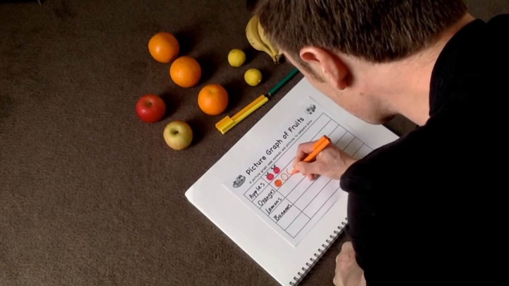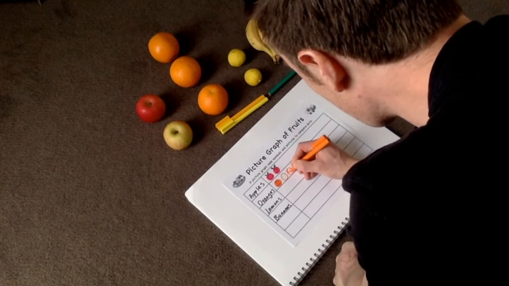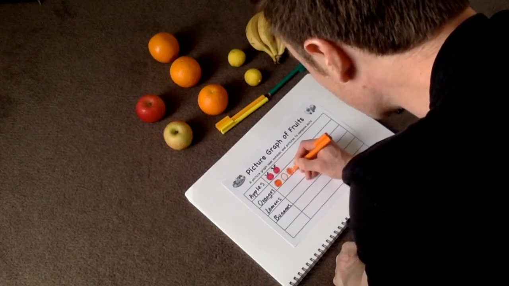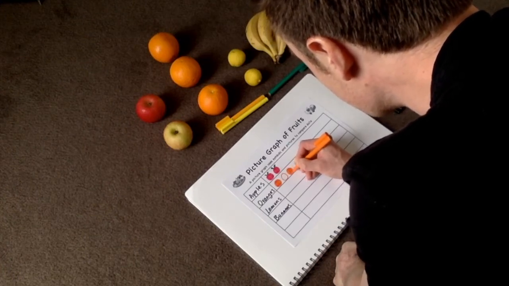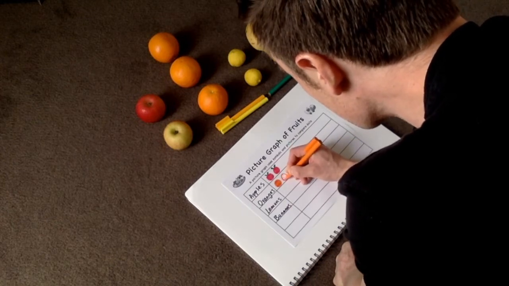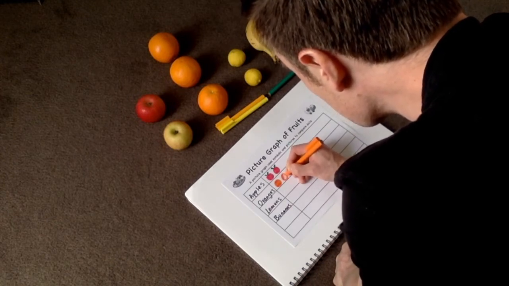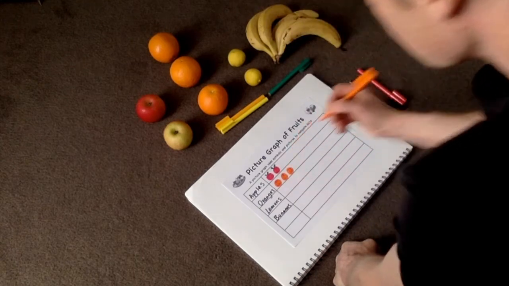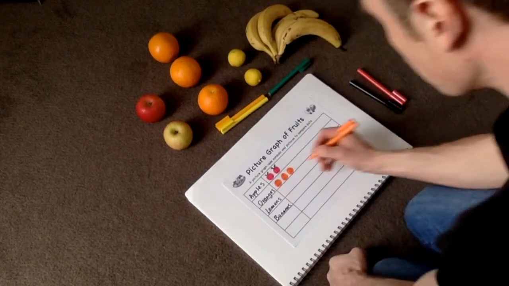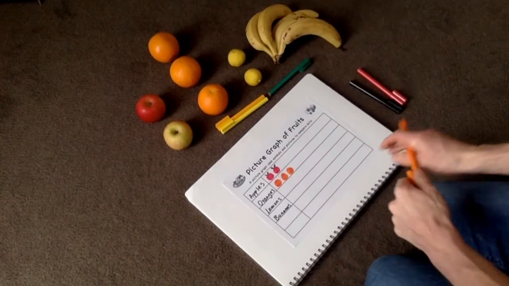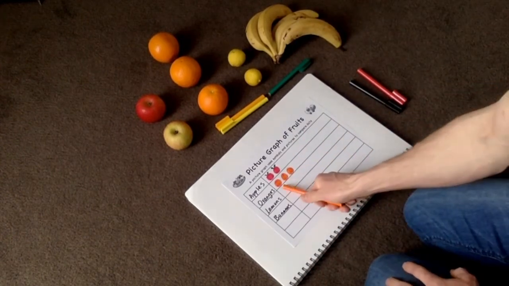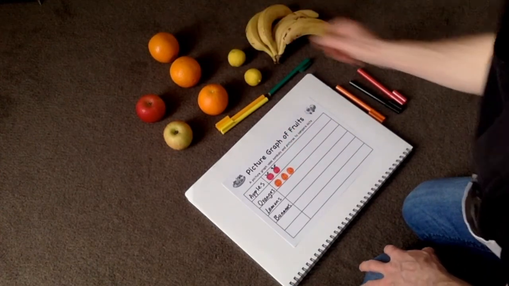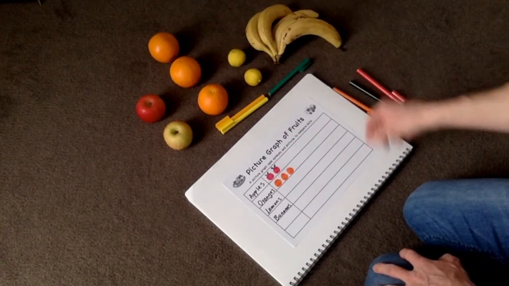I need to draw 3 because I have 3 oranges. Colouring nice and neatly, and there's my 3 oranges. 1, 2, 3. Once you've counted all the fruit that you put in there, then you move on to the next one.